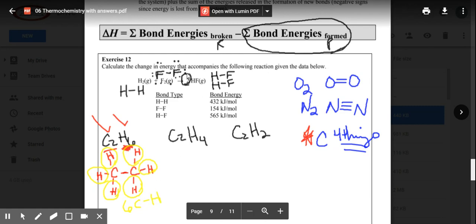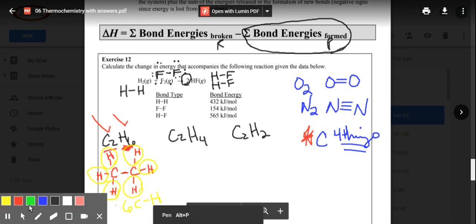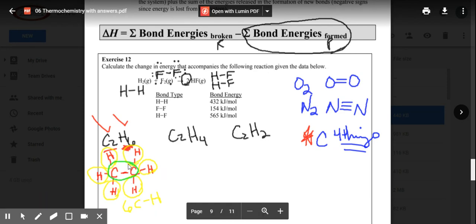So what I'm going to do, if I had a CH bond type, I would multiply that bond energy by 6. But notice how we also have one other thing here. We have 1 carbon-carbon bond as well. So we have 1 carbon-carbon single bond that's present there. So I would take 6 times this bond energy plus 1 times this bond energy when I'm adding up my bond energies of either my products or reactants.